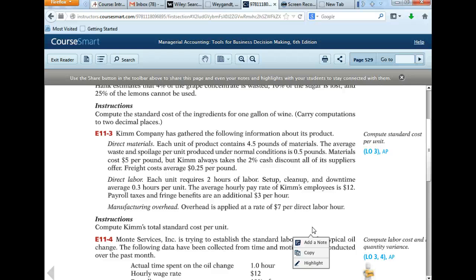Okay? How are we going to start with the direct materials? What are we going to use to come up with our standard for materials? Somebody? Anybody?